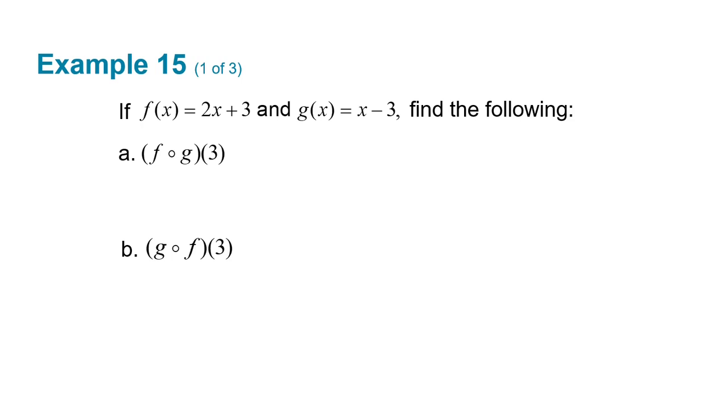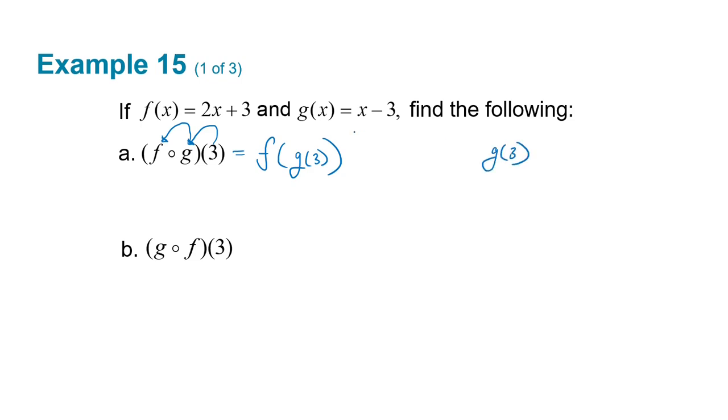In example 15, if f of x equals 2x plus 3 and g of x equals x minus 3, let's find the following. F of g of 3. What this means is I need to figure out what g of 3 is first, then plug that into the function f. We're going to evaluate g of 3 first.